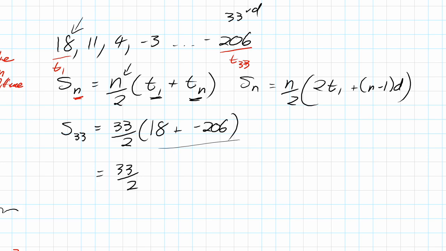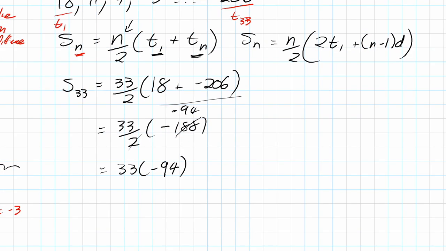And then 18 plus negative 206 is going to be negative, let's see, 16 would be 190, 2 more, 188, I believe. Negative 188. I'm going to do a little bit of reduction here. I can get rid of this 2 by dividing that by 2, which becomes 94. Yep, negative 94.